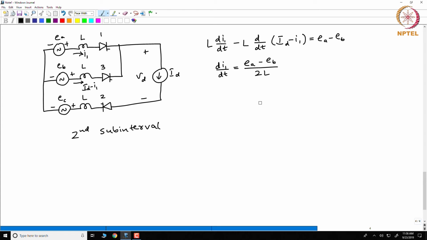EA minus EB is actually a line voltage. So what is EA minus EB? Yeah, minus root 2 V. There is a 2 in the denominator, so I can write this as V by root 2 L with a negative sign, sine omega ot.